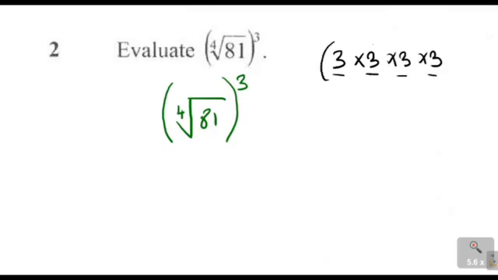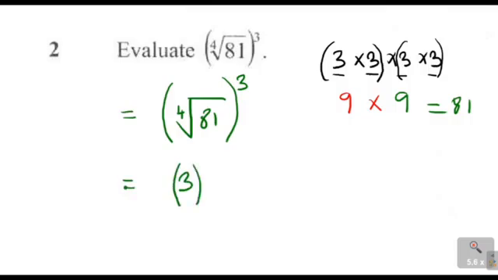When you multiply these two, 3 times 3 gives us 9, and again 3 times 3 also gives us 9. So 9 times 9 will give us 81. So the fourth root of 81 is 3.